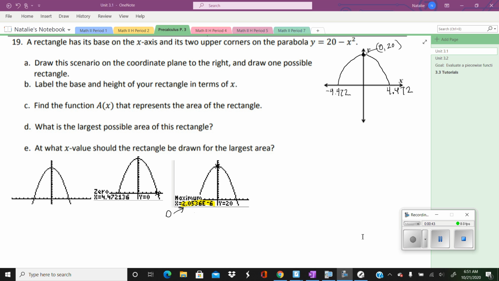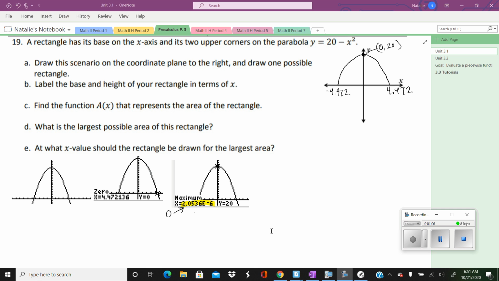All right, so I went ahead and put my function into a graphing calculator, and being the obsessive that I am, I decided to calculate the zeros and the maximum officially, to make sure I had some labels on here and some perspective as to what the rectangle side lengths could possibly be.